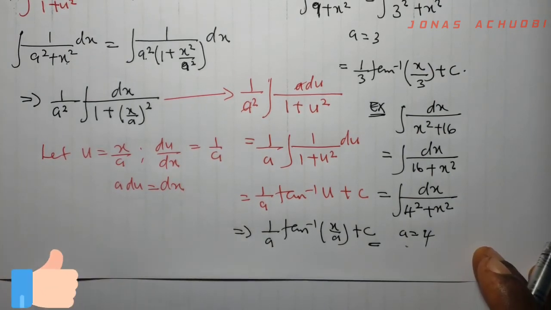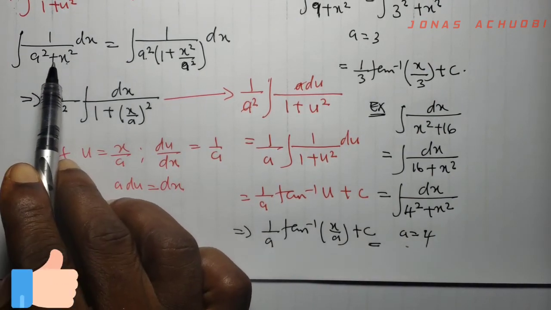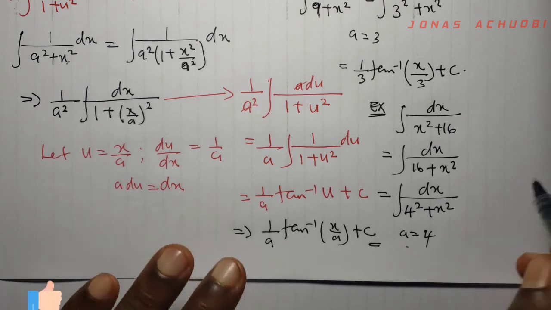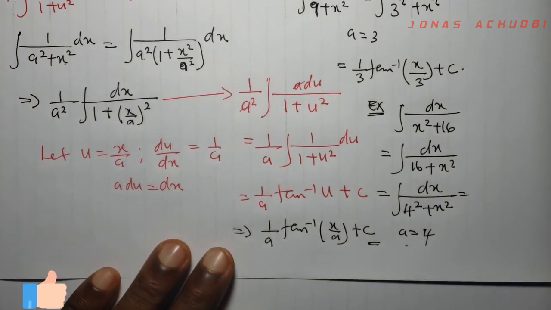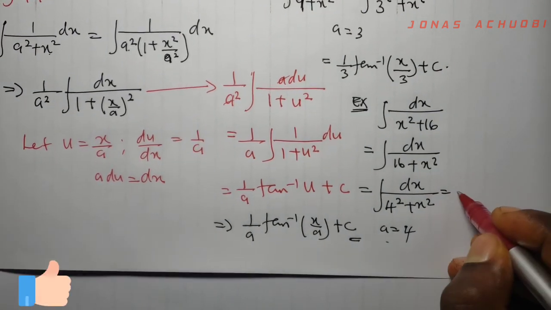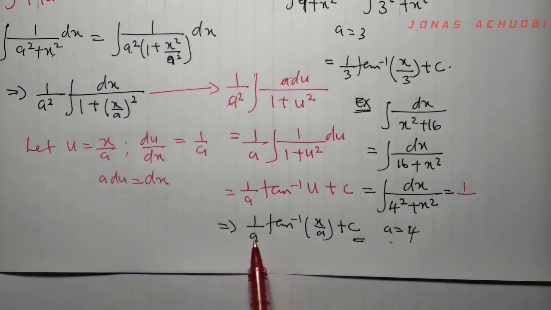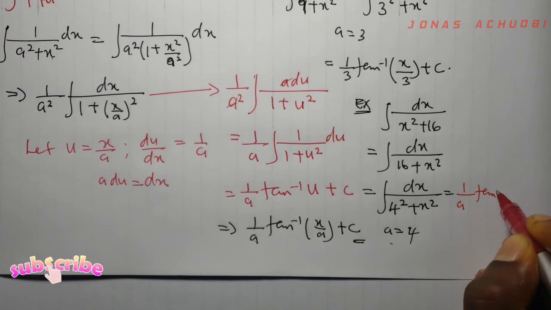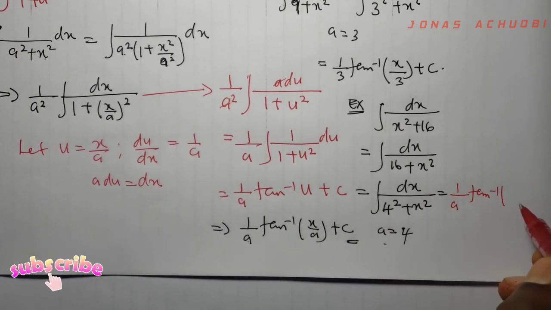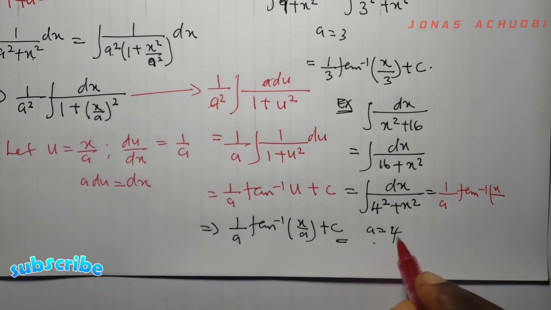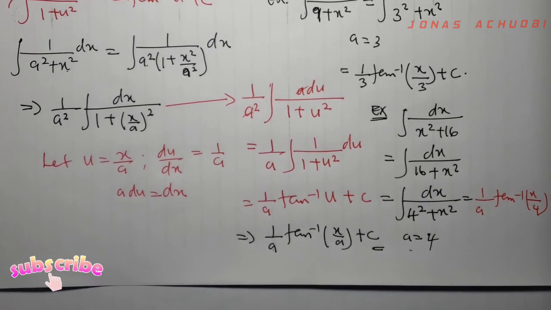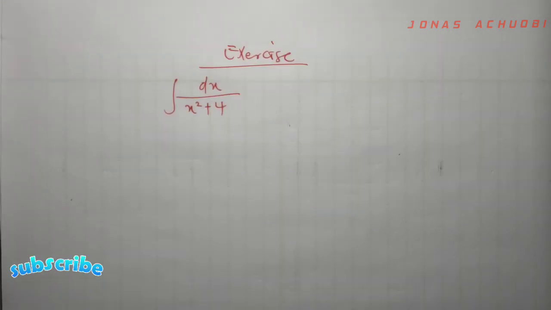Since we know that the integral of 1 over a squared plus x squared is 1 over a tan inverse of x over a plus c, this integral will be 1 over a. Our a is 4. So 1 over 4 tan inverse of x over 4 plus c, our constant of integration.